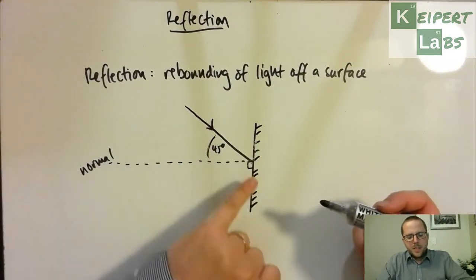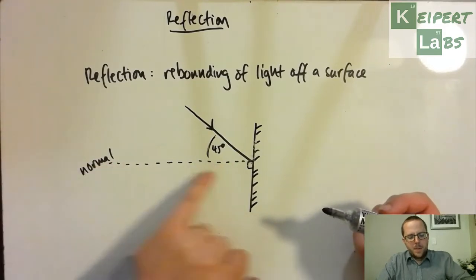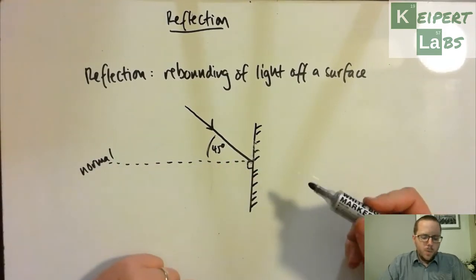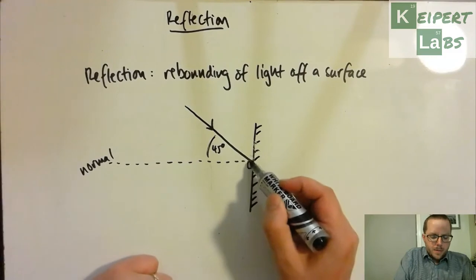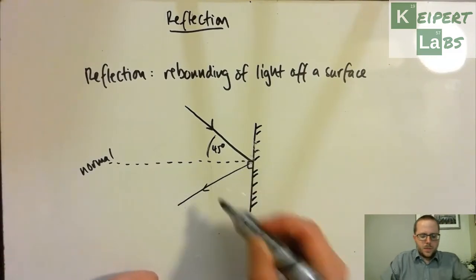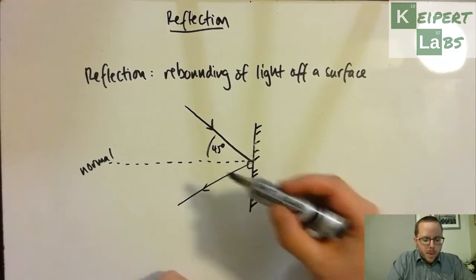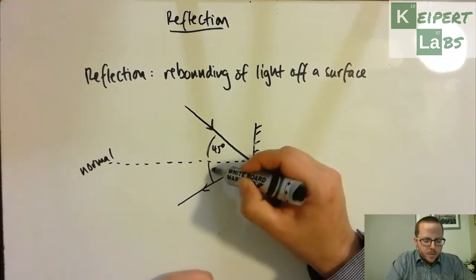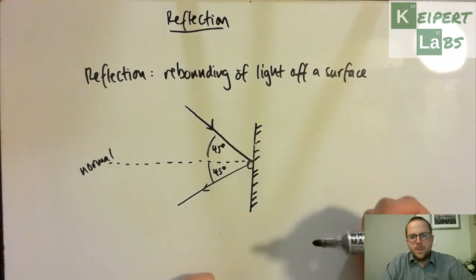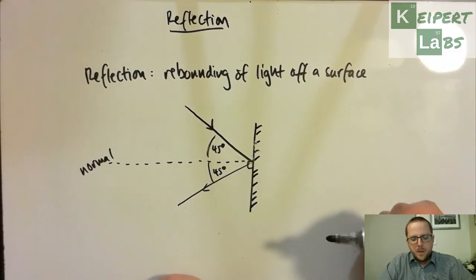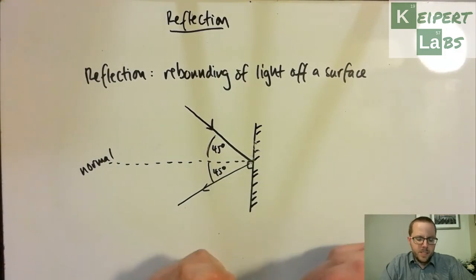So it's 45 degrees to this perpendicular line. What we then notice is that the light rebounds off this surface. That's not news to anybody. But if we were to measure this angle, we'd see that it's also 45 degrees. Curious, but nothing particularly revolutionary.